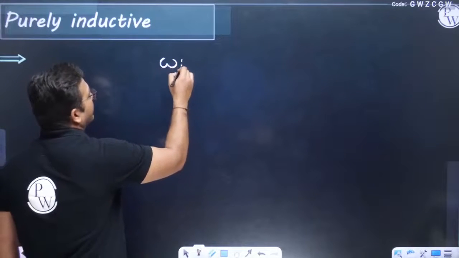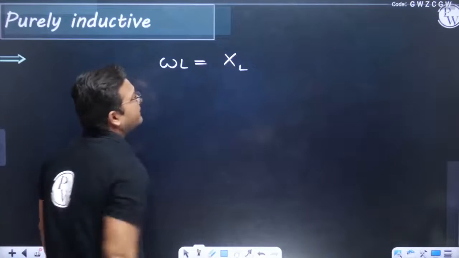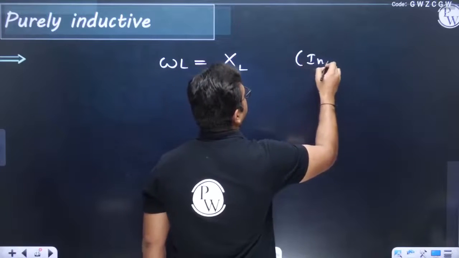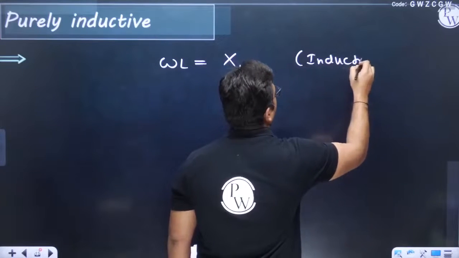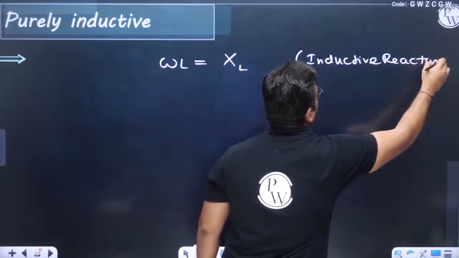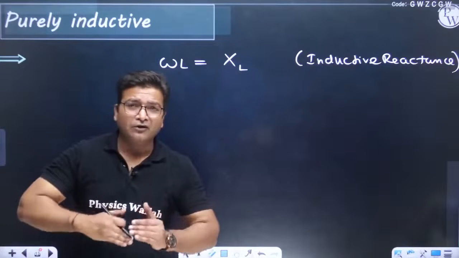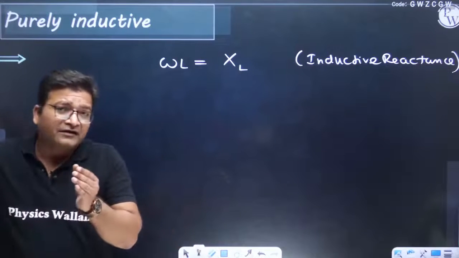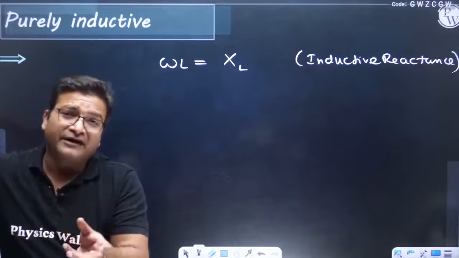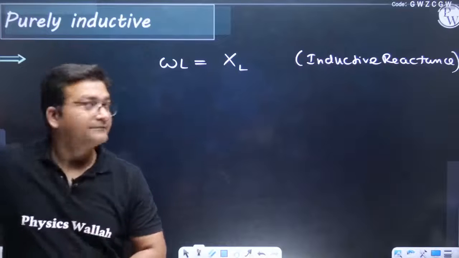So omega L here is called the reactance of the inductor, that is, inductive reactance. What is reactance? You can always imagine it this way: reactance is actually the resistance offered by a capacitor or inductor or a combination of both to an AC current.